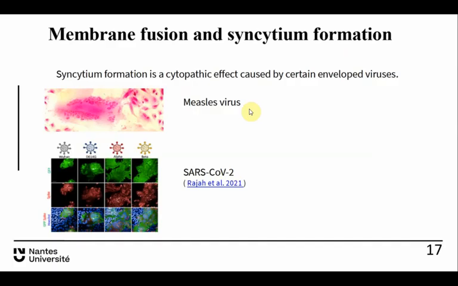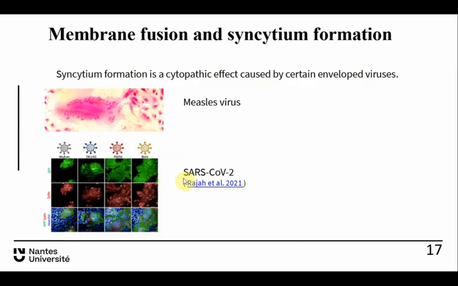Measles virus can do this, and you can see that in this culture of cells infected by measles virus, you've got non-infected individual cells here, and you've got this big, horrible monster, which is a syncytium. You've got all these nuclei, and all of these cells are fused together.